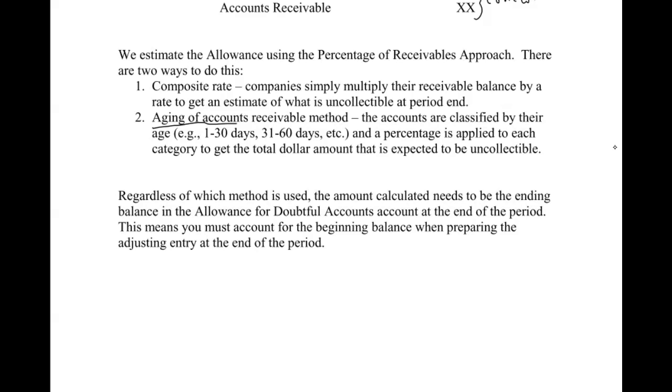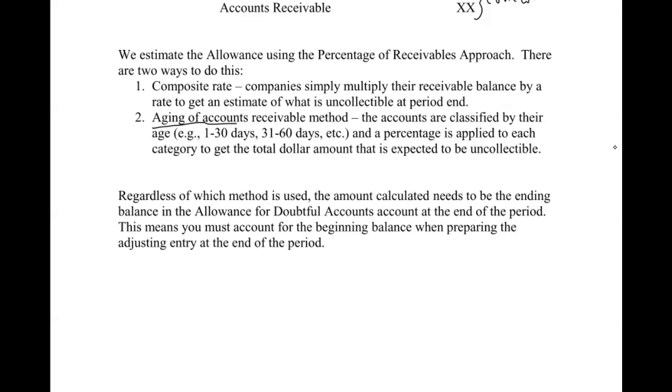Are they 1 to 30 days past, 31 to 60, 61 to 90, and so forth. And then we'll apply a percentage to each of those to get the total dollar amount that is expected to be uncollectible. So we're still getting a percent, and we're still going to establish our allowance. We'll just have different buckets, is what I refer to them as, to establish what our allowance is going to be at the end of each year.